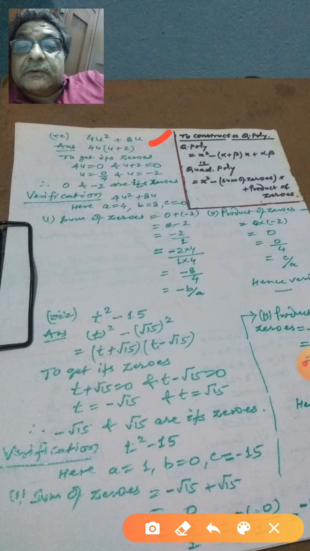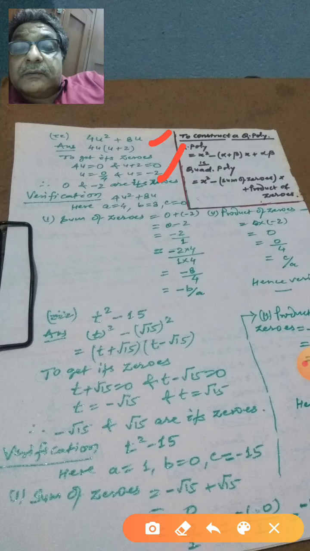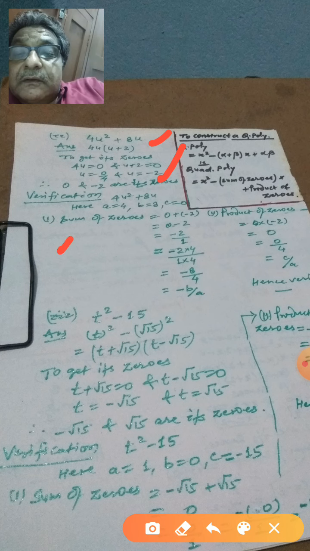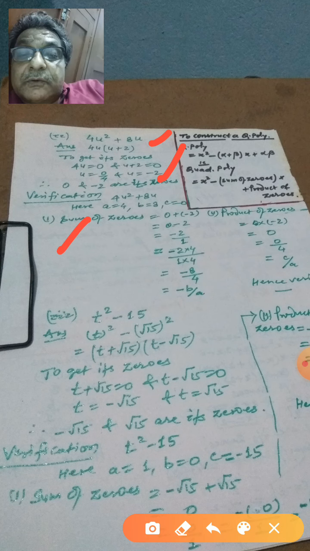To get the zeros, you make these factors equal to 0, and finally you get u equal to 0 and minus 2. Therefore 0 and minus 2 are its zeros. Now for the relationship, sum of zeros, we add these two: 0 plus minus 2 is equal to minus 2, which is minus 2 by 1.